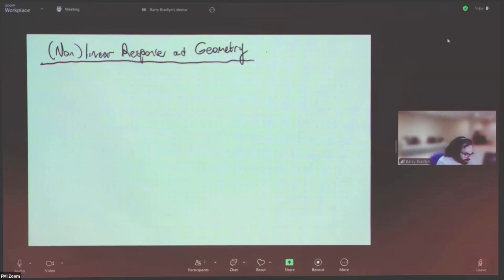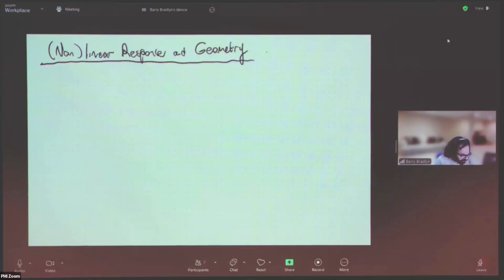I am going to tell you today in these 2 lectures a little bit about the connection between linear and nonlinear response and quantum geometry. This is something that has really come back to the forefront because of recent advances in Moire materials that I think you heard a lot about yesterday and will hear more about throughout the conference.